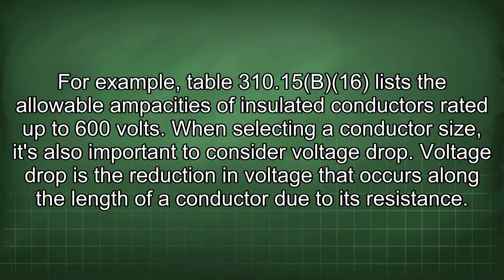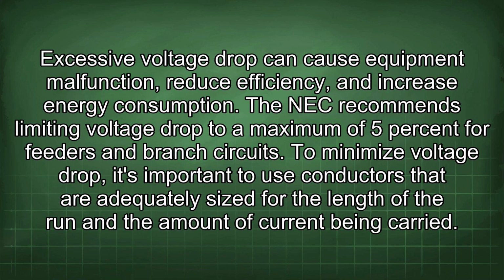When selecting a conductor size, it's also important to consider voltage drop. Voltage drop is the reduction in voltage that occurs along the length of a conductor due to its resistance. Excessive voltage drop can cause equipment malfunction, reduce efficiency, and increase energy consumption. The NEC recommends limiting voltage drop to a maximum of 5% for feeders and branch circuits.